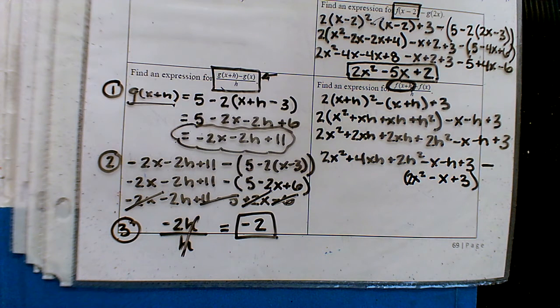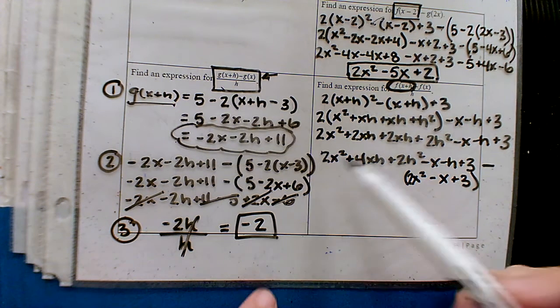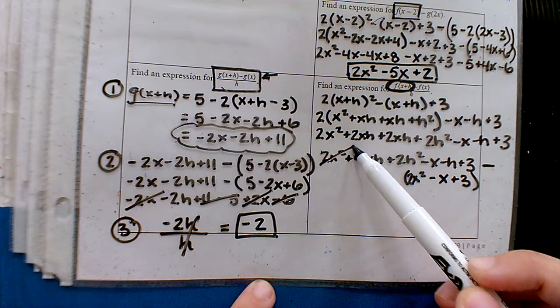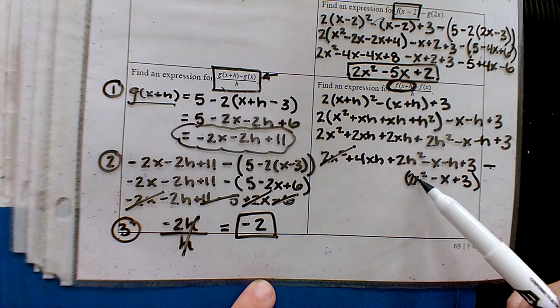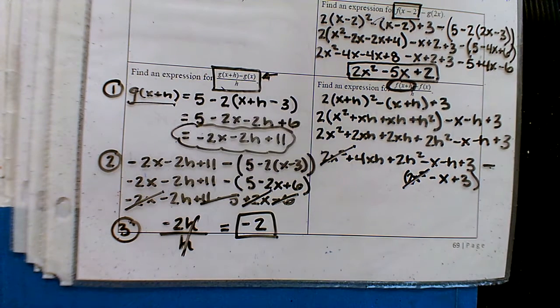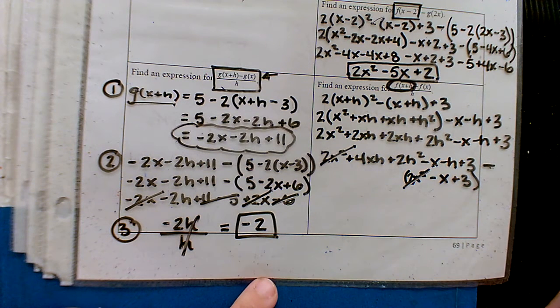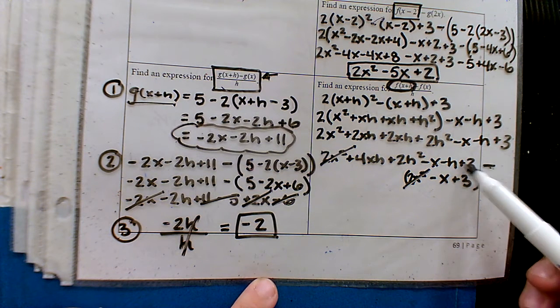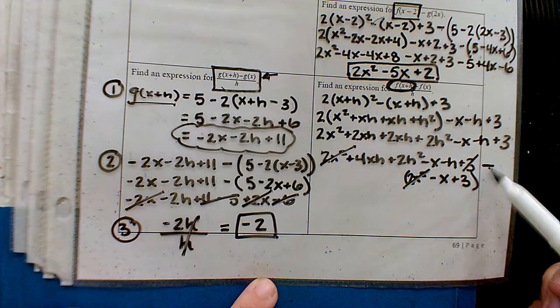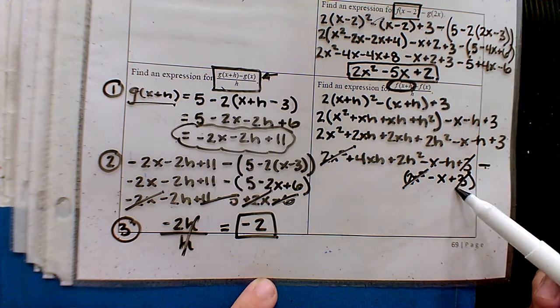Do you notice anything that's going to happen? We had a lot of things cancel out previously. Hopefully that happens again. Yeah. 2x squared cancels out. Positive 2x squared would cancel out with a negative 2x squared, so that's gone. Anything else? You see it? Yeah. The 3's, good. Positive 3 would cancel out with a minus 3.